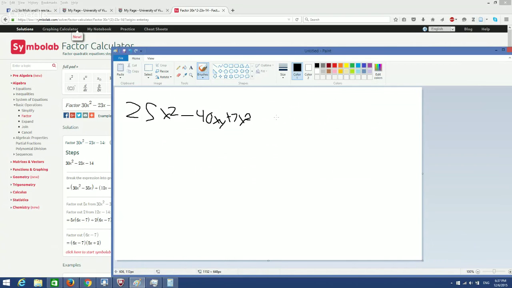How they're getting 7y squared out of this is beyond me. But still, we'll give this a shot. So that's going to be 40 plus or minus square root of 1600. Sorry, I made a mistake. 40 squared is 1600.